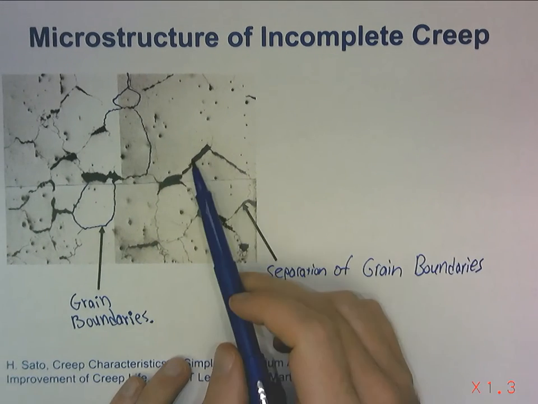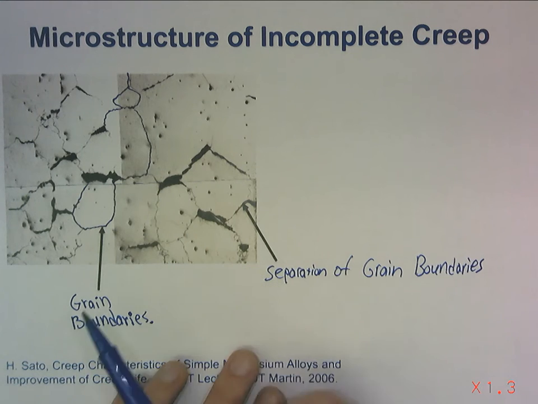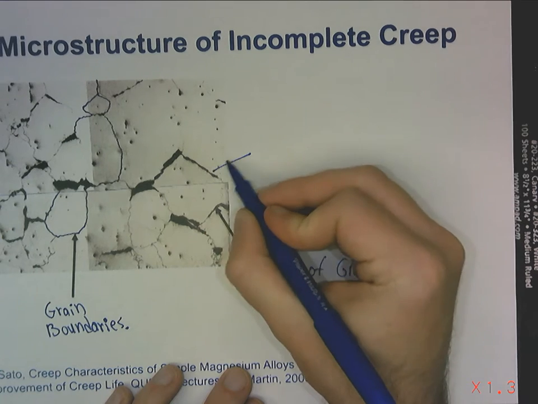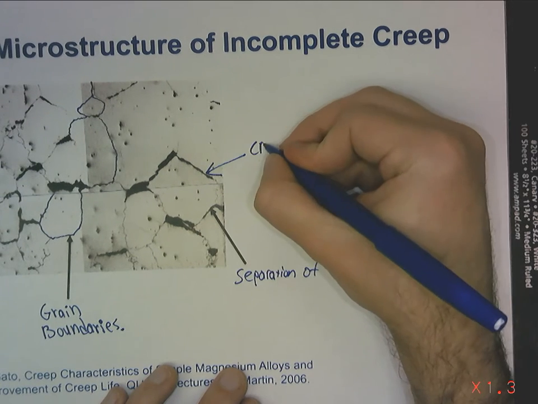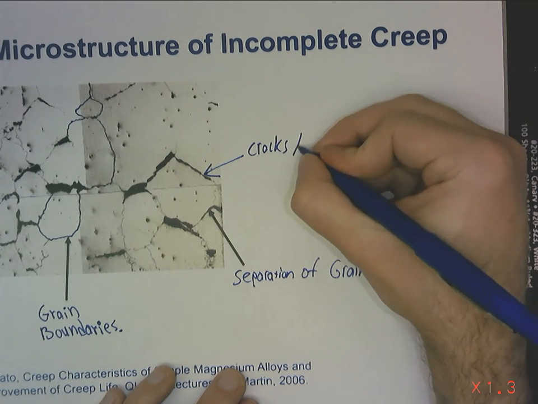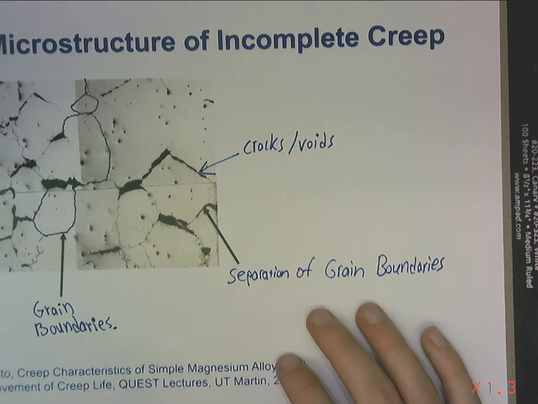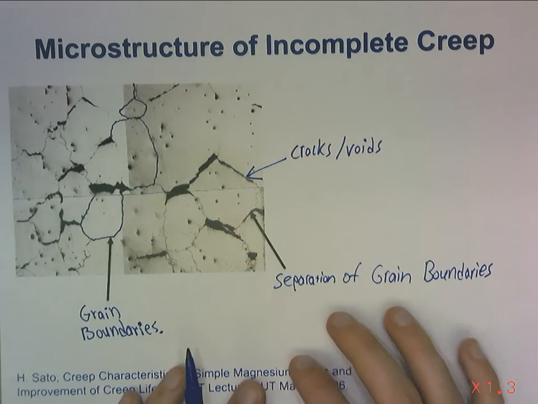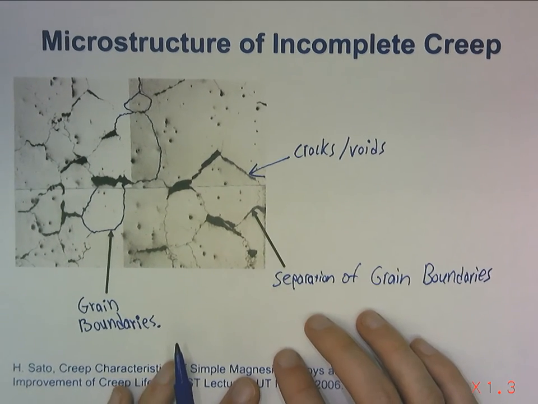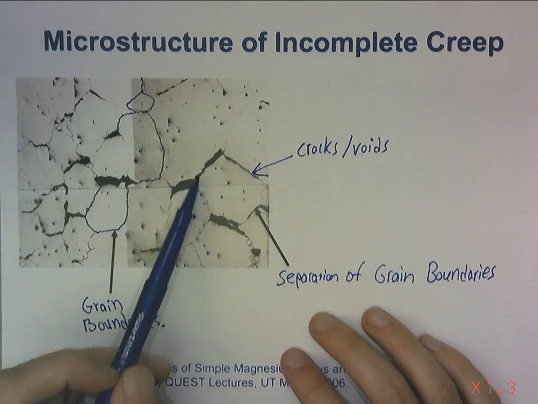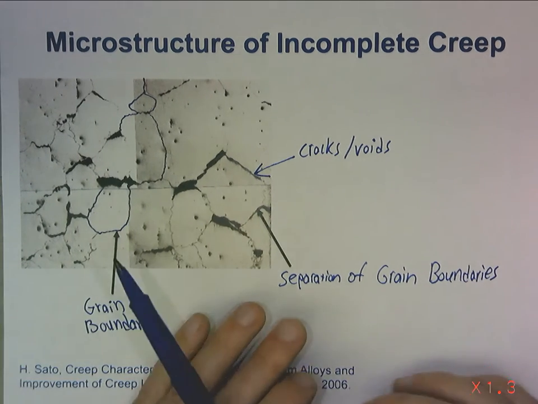These dark void-looking spots are holes in our microstructure where we have cracks and voids. Those occur along the grain boundaries because grain boundaries weaken at high temperatures. And so what literally happens is our grains just come apart from each other.